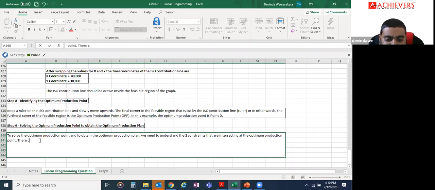There could be two possible situations at the optimum production point.